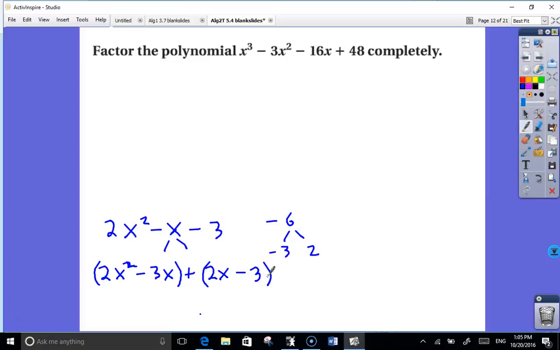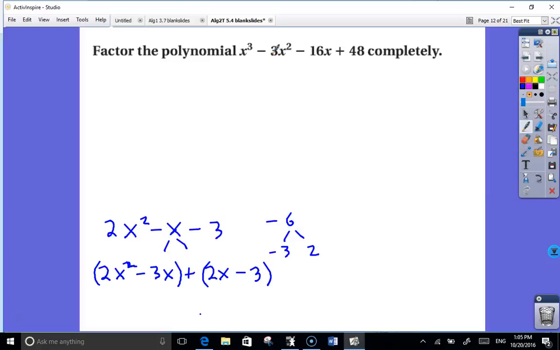But if they say to factor a cubic polynomial, cubic means it could have 4 terms: the cubic, the quadratic, the linear, and the constant terms. Notice the pattern: x to the third minus 3x squared, and then negative 16x plus 48. The second term of each pair is negative 3 times the one before.